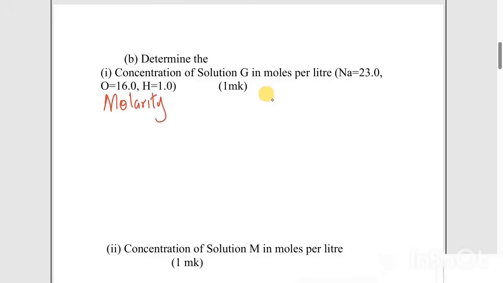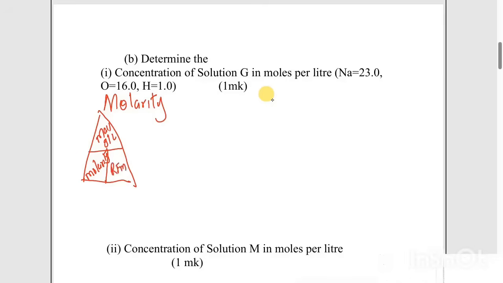So how do you calculate molarity? I'm going to give you the formula. So molarity, here we have mass in grams per liter, grams per liter, the same as grams per decimeter cube, then RFM.